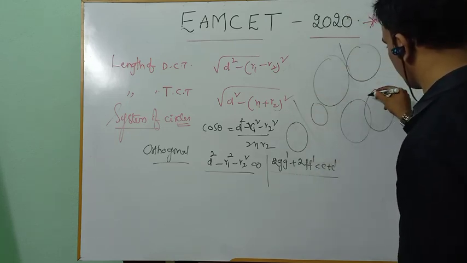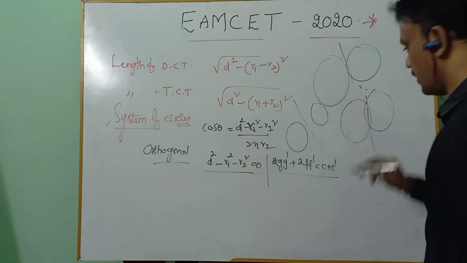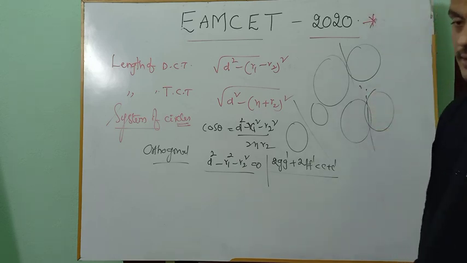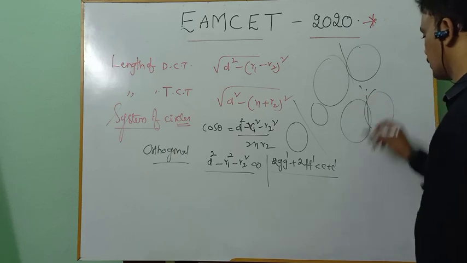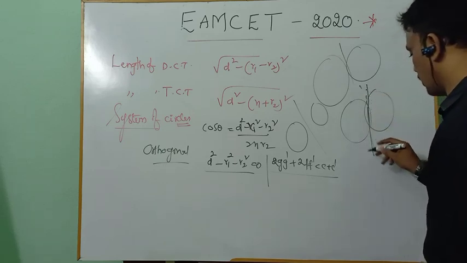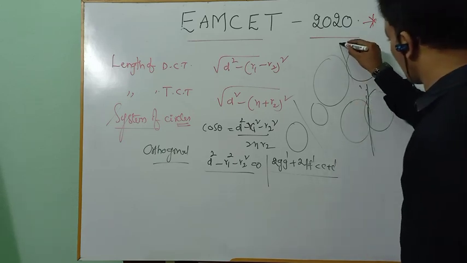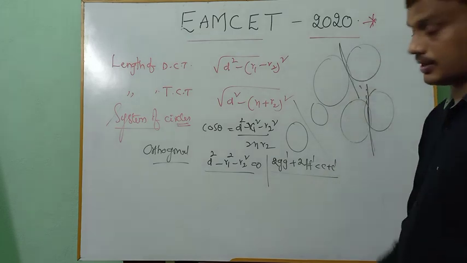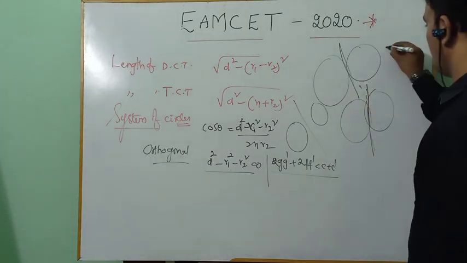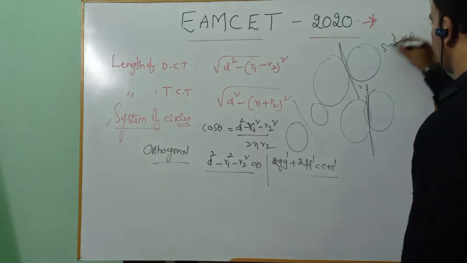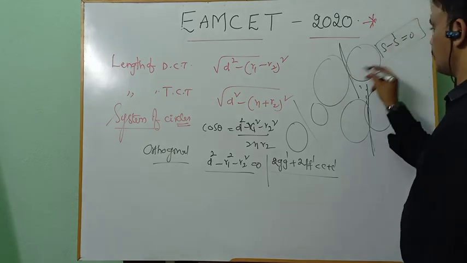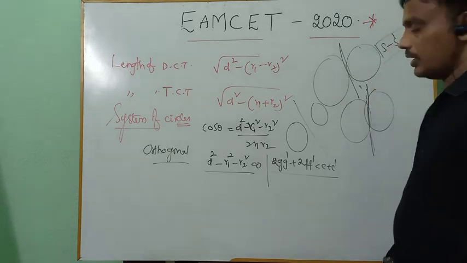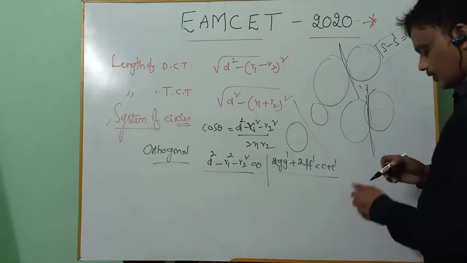This is called the radical axis. Sometimes they may ask to find the common chord, which is the radical axis. The radical axis is S minus S dash equal to 0, the difference of these two circles.